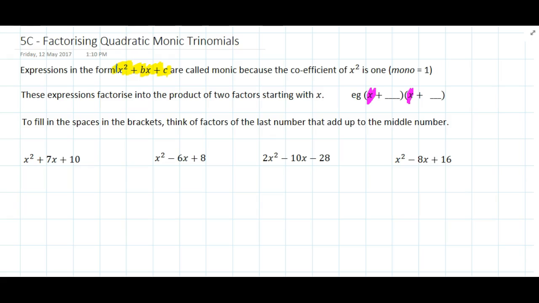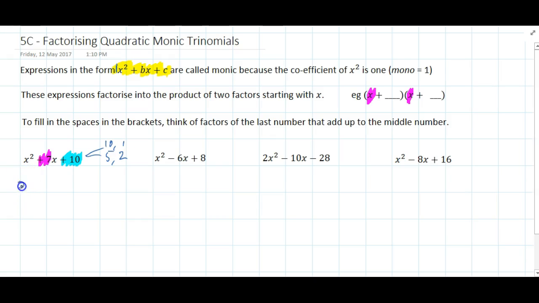Looking at that first question, we're looking at factors of positive 10 that add up to positive 7. In the early examples, it's quite easy. Think about factors of 10. You've got 10 and 1, and 5 and 2. It should be obvious that 10 and 1 are not going to add up to 7, but 5 and 2 will.